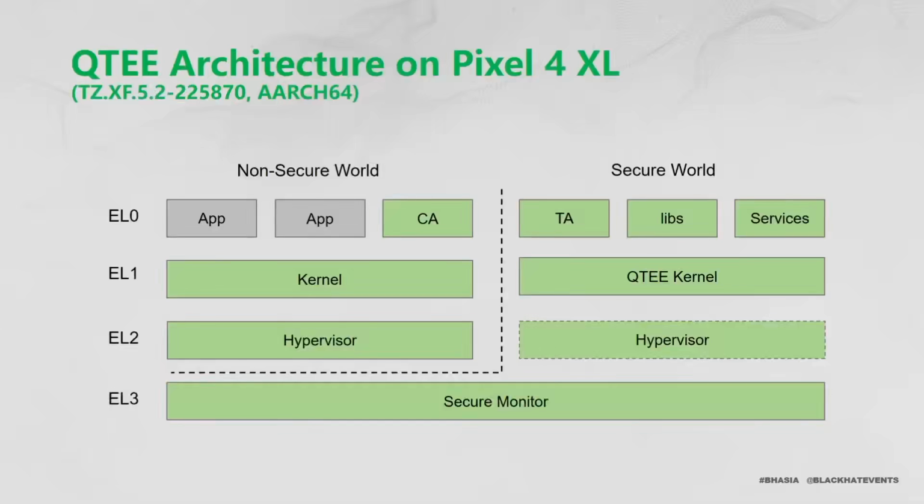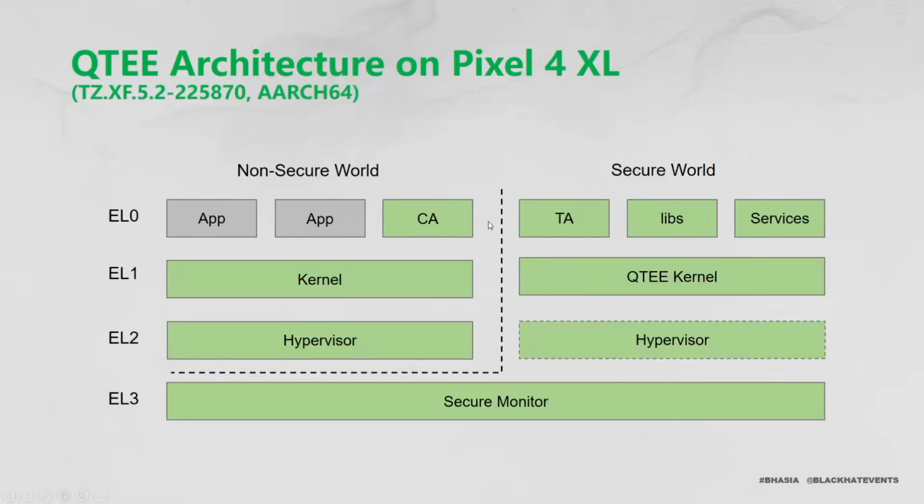Now this picture shows the architecture of the TrustZone implementation on Pixel 4 XL. The left side is a bit familiar. We have the user space, the kernel, and the hypervisor.